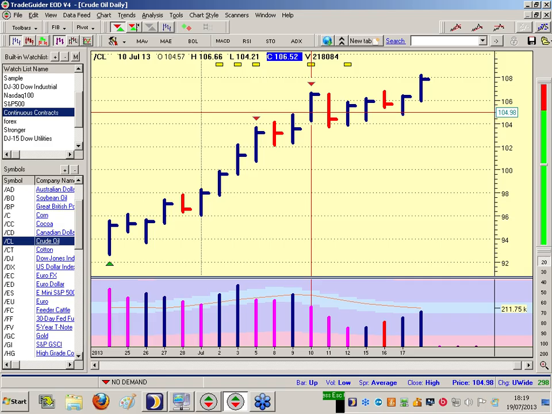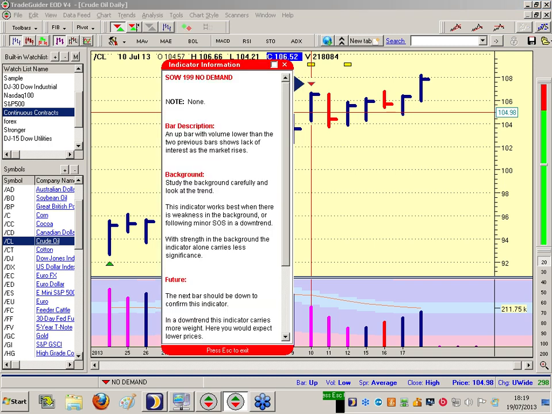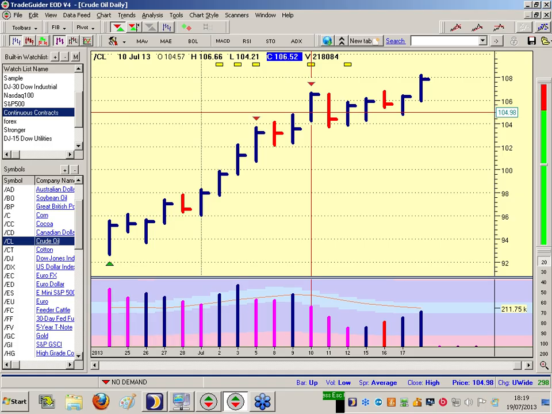Right. So here we have a sign of weakness, folks. No demand. The very next bar is tested, look, and there's no selling pressure. Just as I was telling you on the previous chart we were talking about. Whenever you see these red arrows appear, I mean, another one there, look.